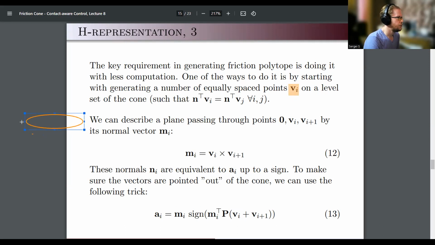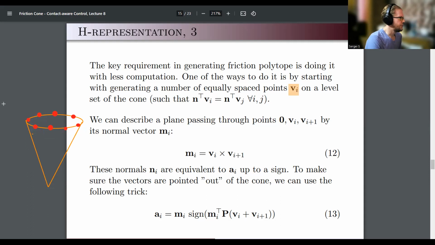Here's a cone. What I want to do is draw a number of points on its level set. The level set is when the right-hand side in the second order cone equation is equal to a constant. We get some equally spaced points on the level set, and we call them V sub i.